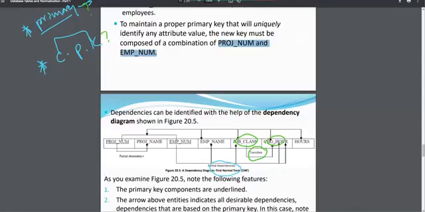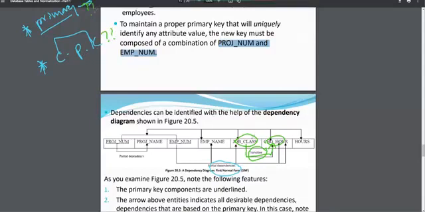When charge per hour depends on job class, for example electrical engineer, the charge per hour depends on the job class. But job class is not considered a composite primary key or primary key.